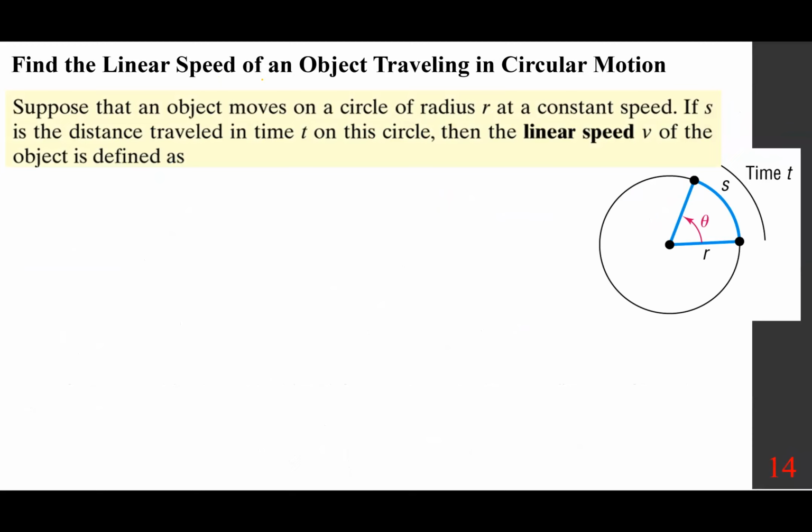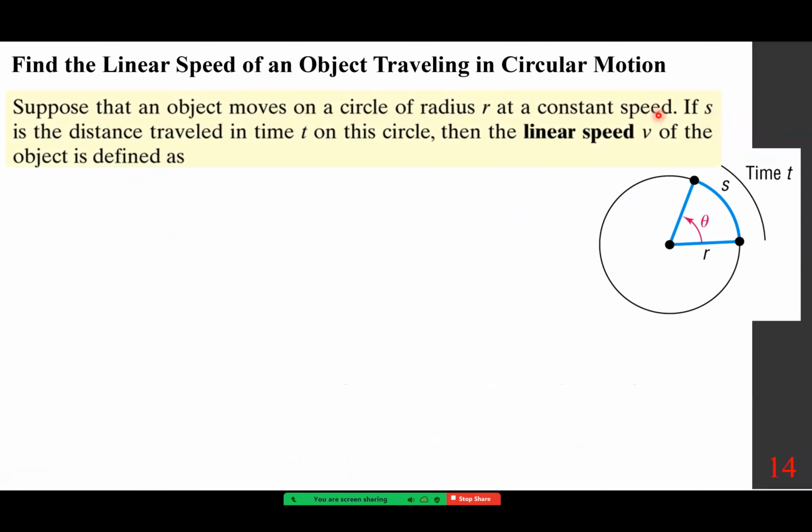Find the linear speed of an object traveling in circular motion. Suppose that an object moves on a circle of radius r at a constant speed.